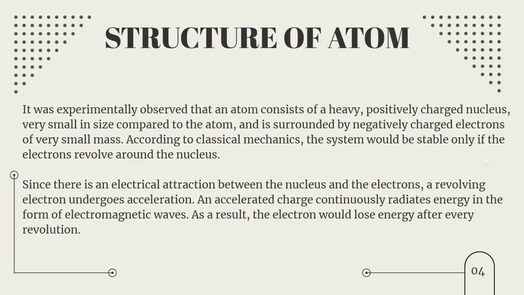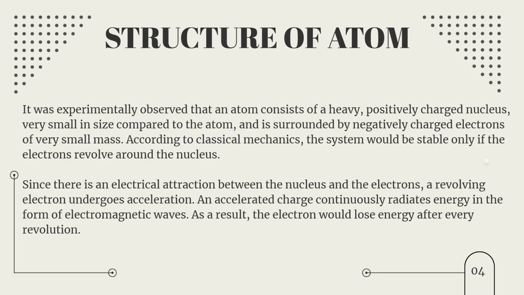Let's start with the first topic, that is structure of atom. It was experimentally observed that an atom consists of a heavy, positively charged nucleus, very small in size compared to the atom, and is surrounded by negatively charged electrons of very small mass. According to classical mechanics, the system would be stable only if the electrons revolve around the nucleus.